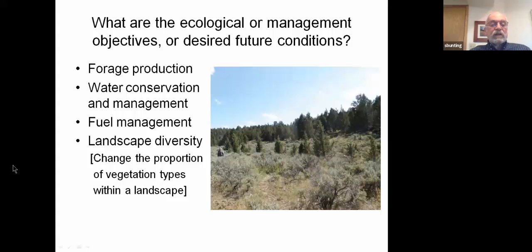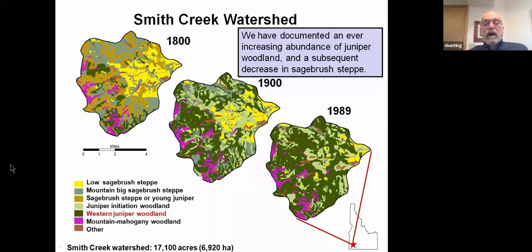By landscape diversity, I mean the change in the proportion of vegetation types within a landscape. If we refer back to those earlier maps, you can see that in the 1989 map, we have a much greater abundance of juniper in the dark green and a much lesser abundance of particularly the sagebrush steppe types, resulting over time in a simplification of the diversity of these landscapes.